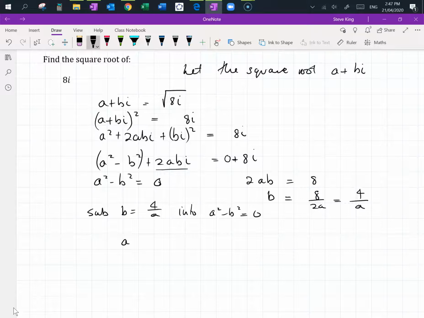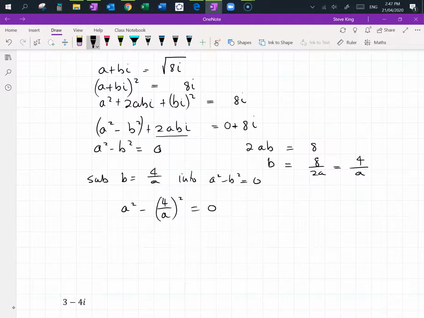So I have a squared minus 4 over a squared equals 0. That's going to give me a squared minus 16 over a squared equals 0.